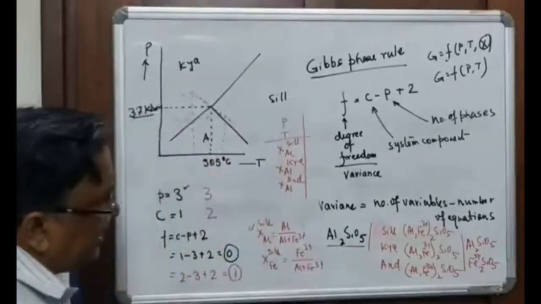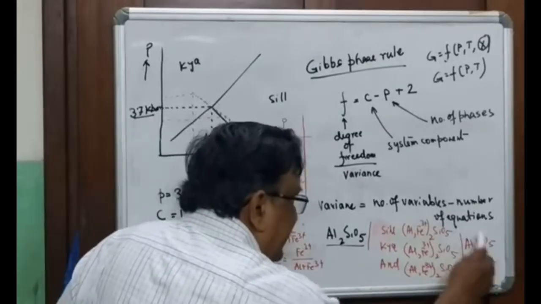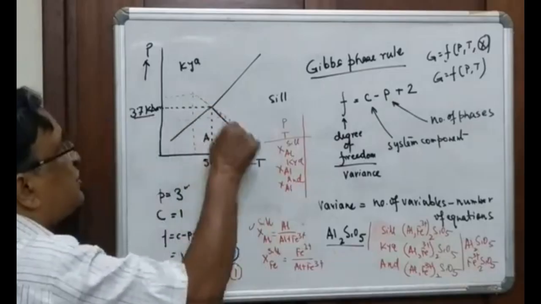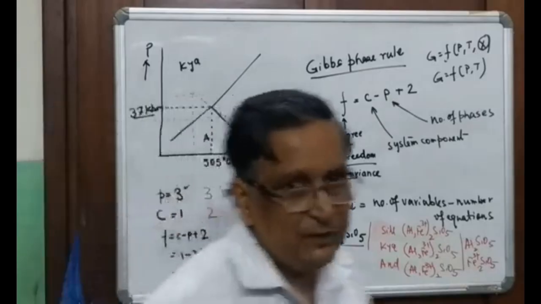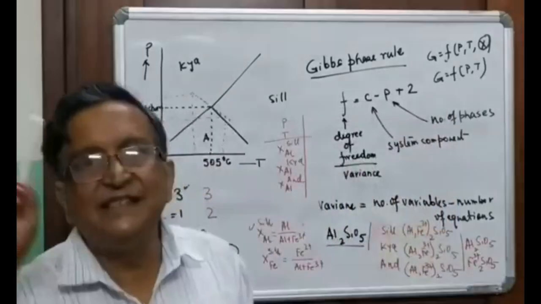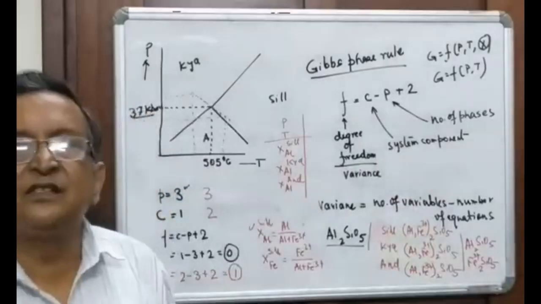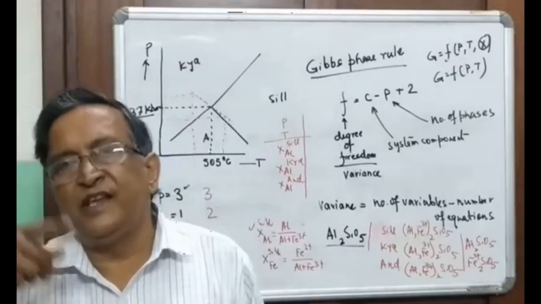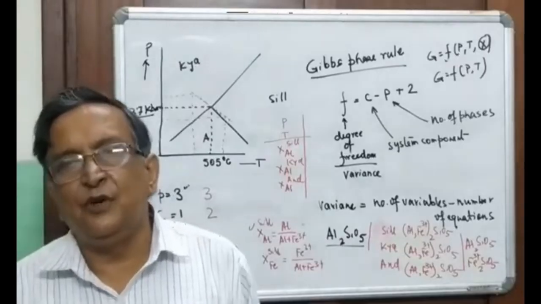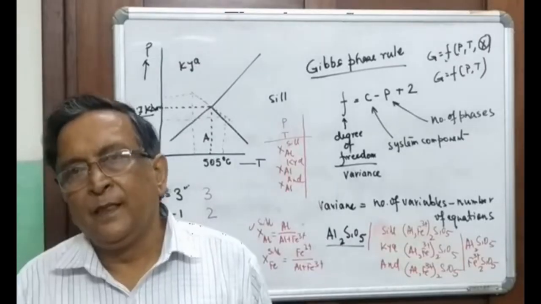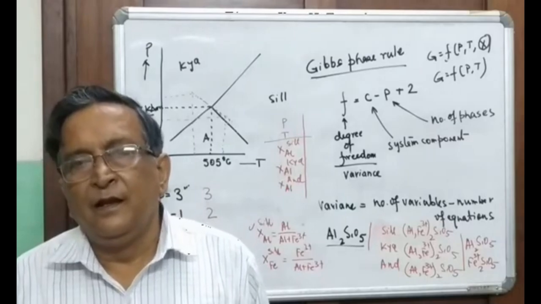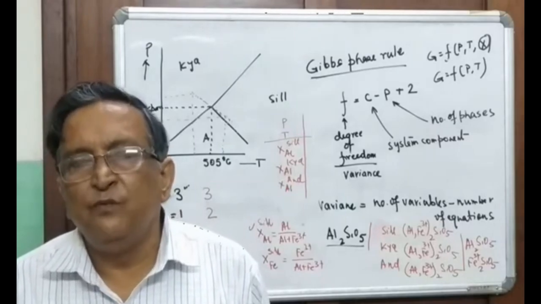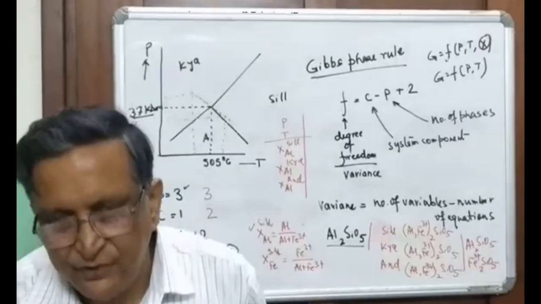So now you see, if you take this aluminium ferric iron system, then your triple point is not a triple point anymore. That is why I said, if your teacher asks you, what is the variance of coexisting sillimanite, kyanite and andalusite, you have to ask him, what is the composition of your minerals?